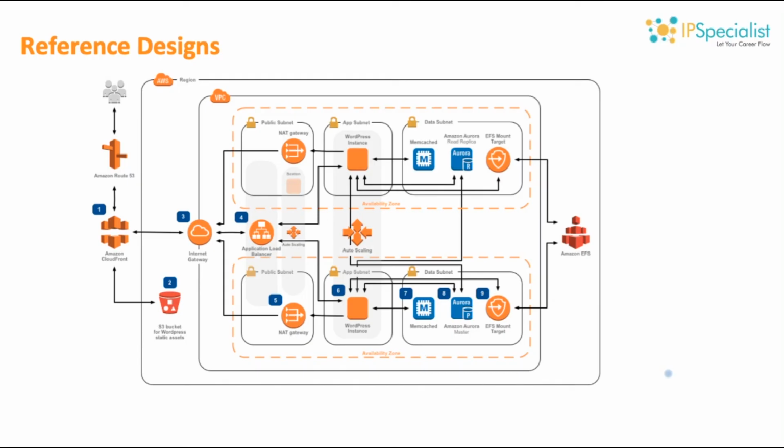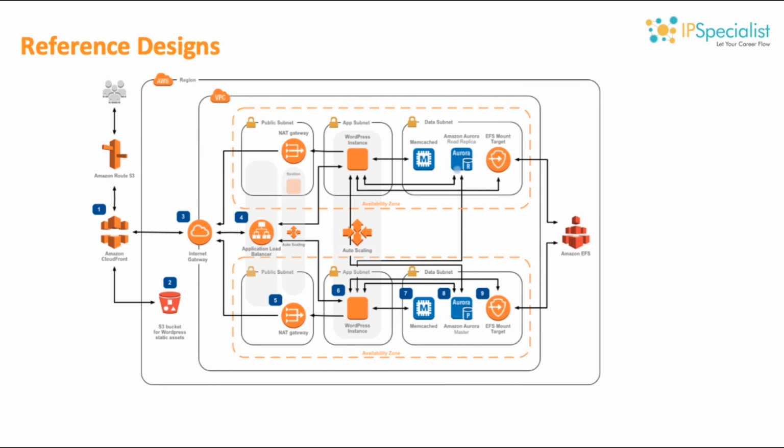So in the last part of this video, I just would like to show you some reference designs to emphasize the importance of infrastructure as code via Terraform. So if you look at this, this is one of the designs of WordPress deployment in AWS. It is quite a complicated deployment in which you have a number of components in here.